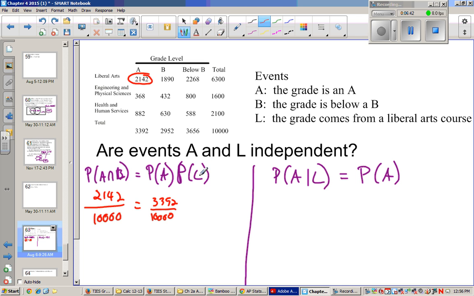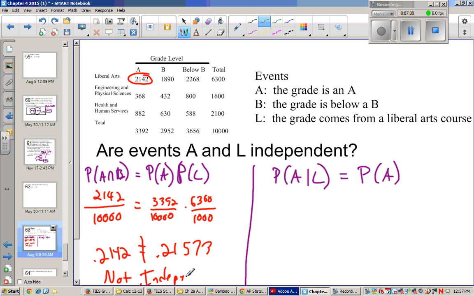The probability that it's a liberal arts course is 6,300 out of 10,000. And if we multiply those out, 0.3392 times 0.6360, we get a decimal of 0.21573, which is not equal to this. So here we can show they are not independent.